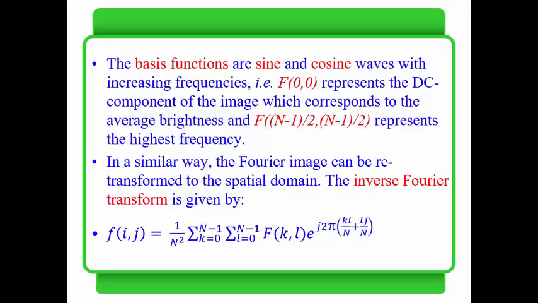This is the zero frequency in both dimensions, in the row and in the column dimension. And as the value of these indices increases, this gives me the component that corresponds to higher frequency values.